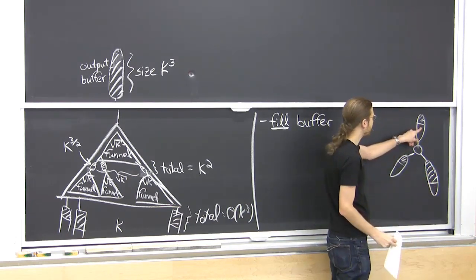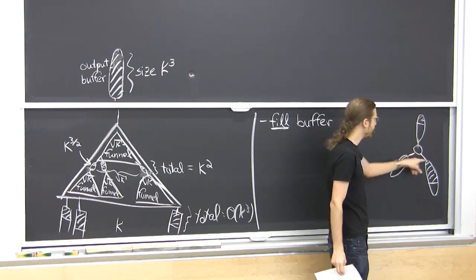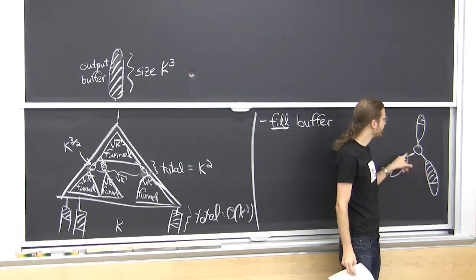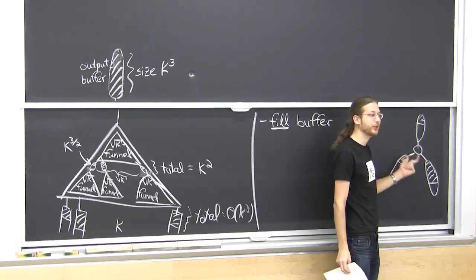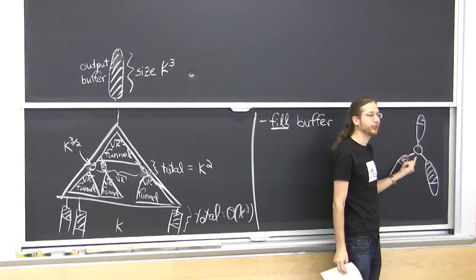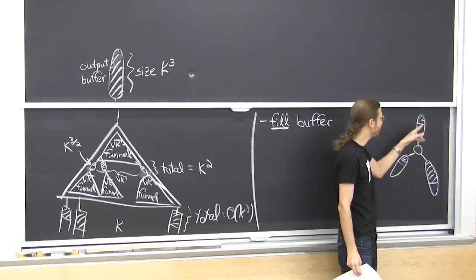Okay, so how do I fill this thing? I just read the first item, the smallest item, for each of these, compare them. Whichever's smaller, I stick it here. It's just a regular binary merge, which is kind of cool. You've got two arrays, you want to merge them, stick the results here.